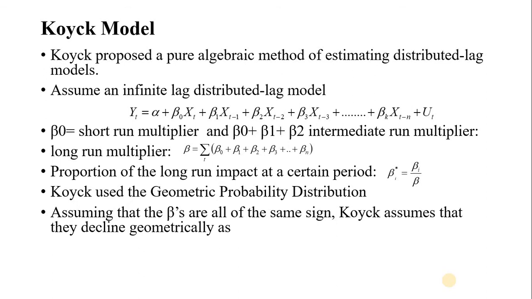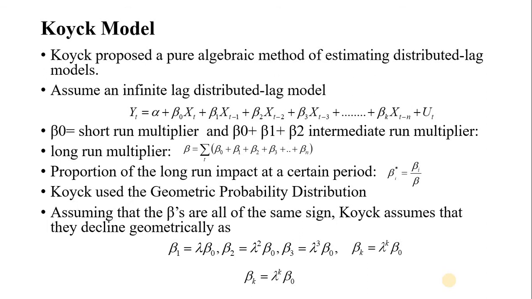Okay, yes. And one more assumption he has made is that he assumed a geometric probability distribution, and he also assumed that all the betas will decline, or the beta will decline geometrically, as if beta 1 is lambda into beta 0.